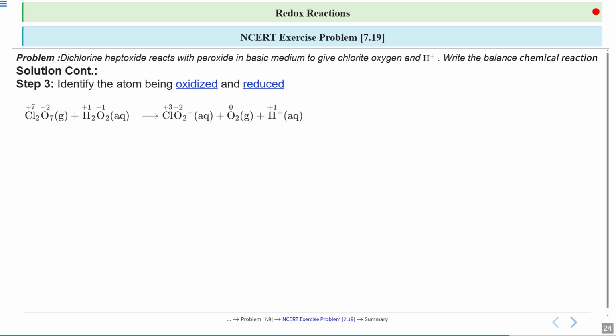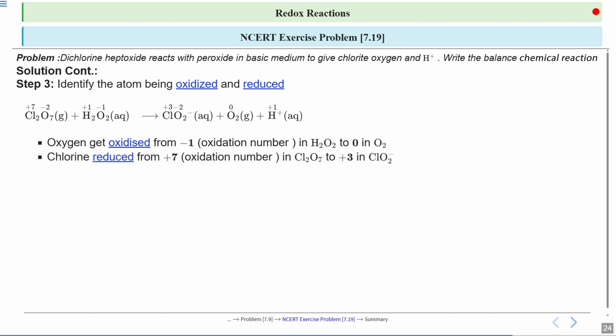So the oxygen is getting oxidized from minus 1 in H2O2 to 0 in O2, that means the oxidation number has increased from minus 1 to 0. So if there is increase in the oxidation number, that means there is oxidation. If there is decrease in the oxidation number, that means there is reduction. So chlorine is getting reduced from plus 7 to plus 3.